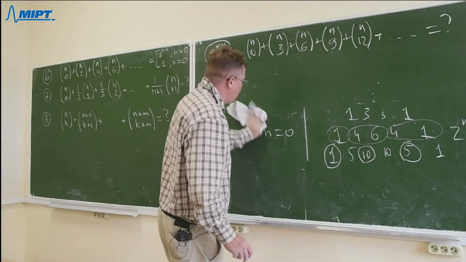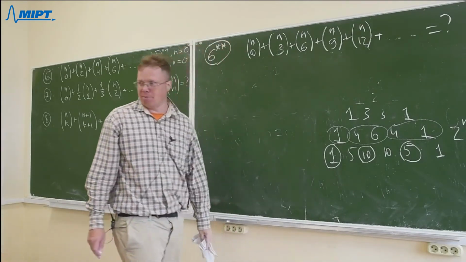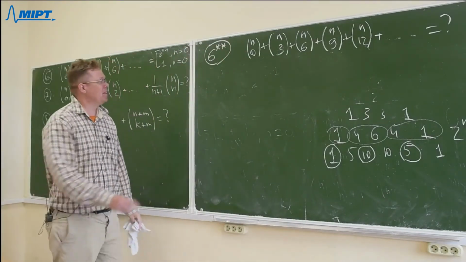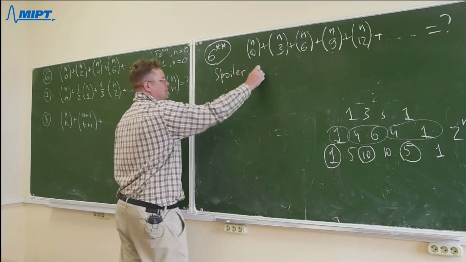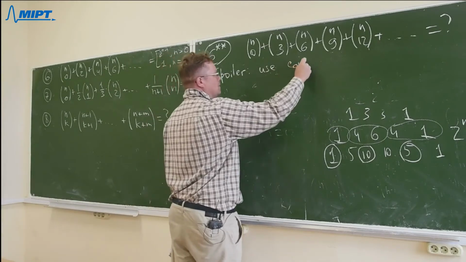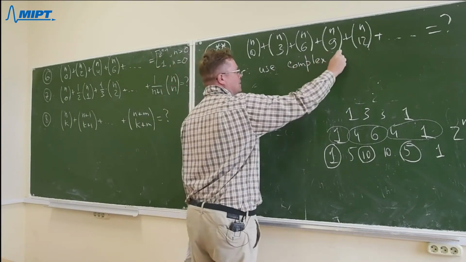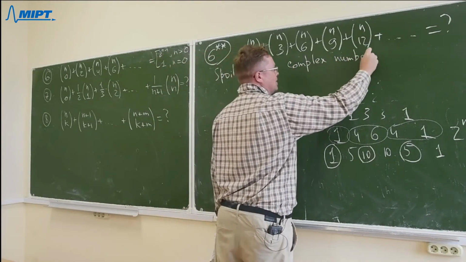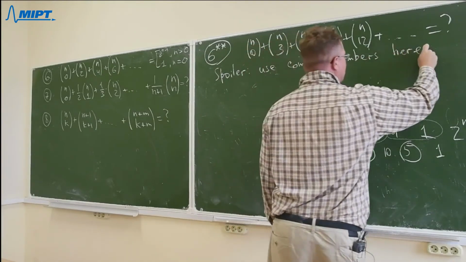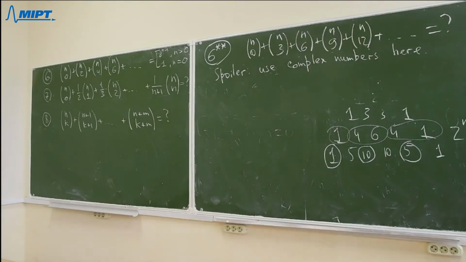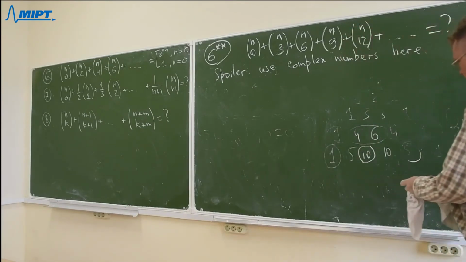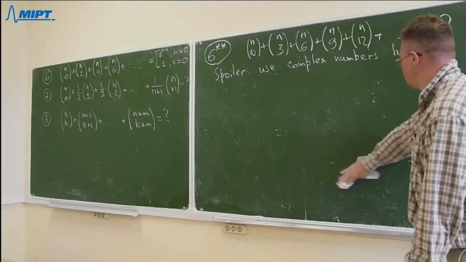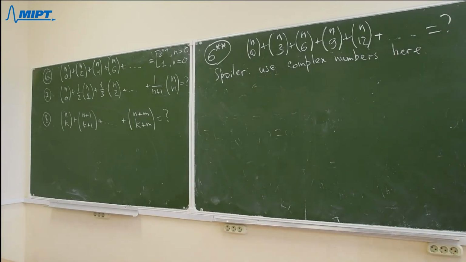I don't know if you're familiar with the concept of complex numbers, and I think I can say a few words about this formula in the next lecture if you want.